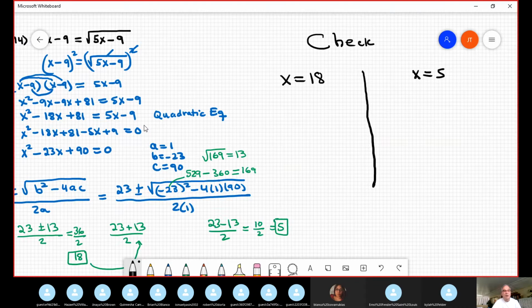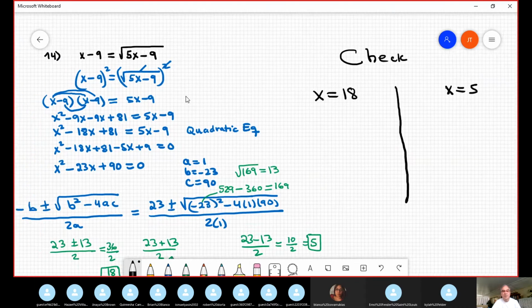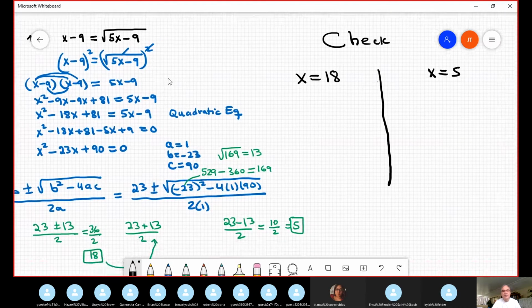Okay, plugging in here. This is 18 minus 9, which should equal, I claim this statement, the square root of 5 times 18 minus 9. So 18 times 5 is 90. 90 minus 9 is 81.